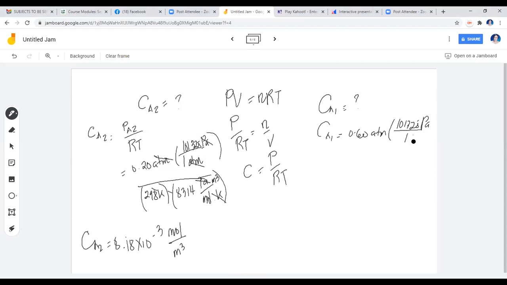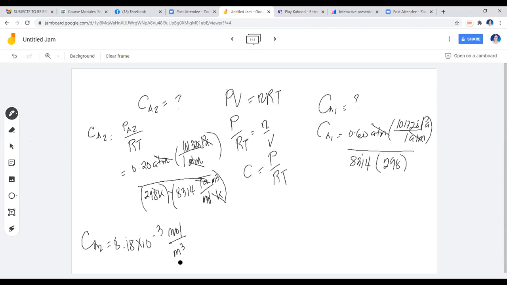We have 1 atm, we cancel this, and we divide by R, 8314 times 298.